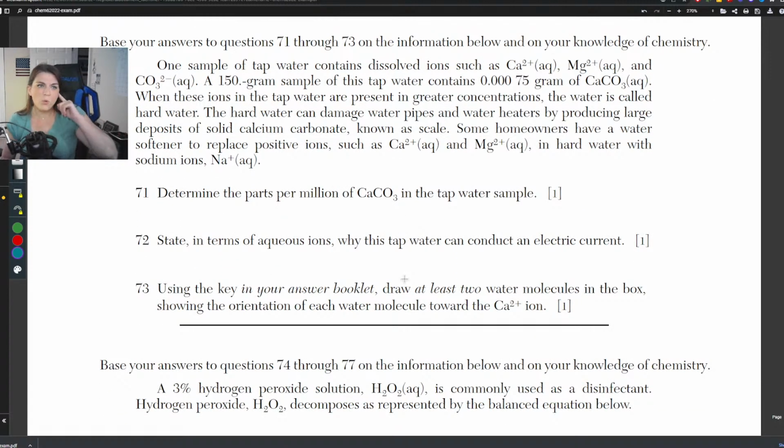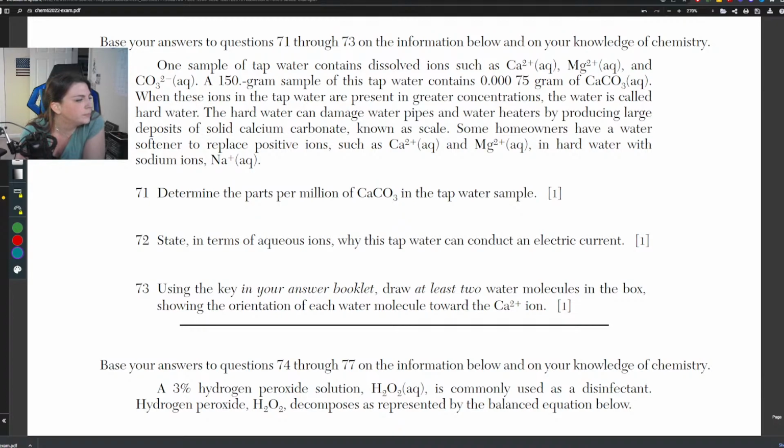One sample of tap water contains dissolved ions such as calcium and magnesium and carbonate. A 150-gram sample of this tap water contains 0.00075 grams of calcium carbonate. When the ions in the tap water are present in greater concentrations, the water is called hard water. Hard water can damage water pipes and water heaters by producing large deposits of solid calcium carbonate, known as scale.